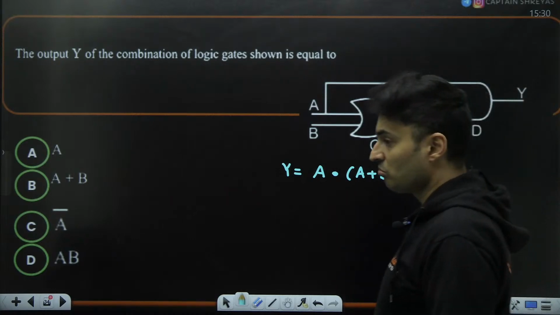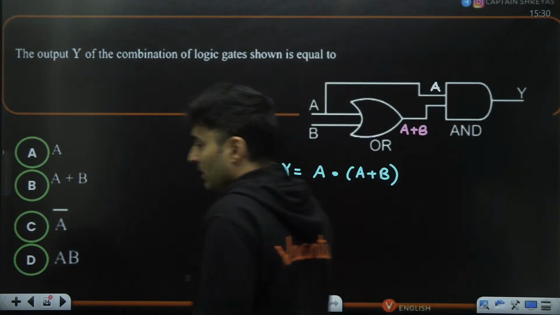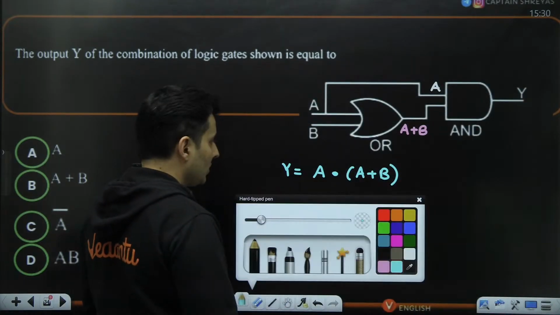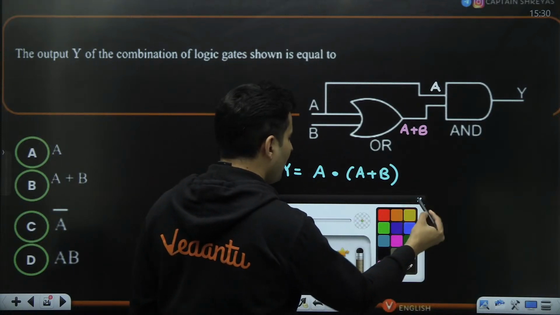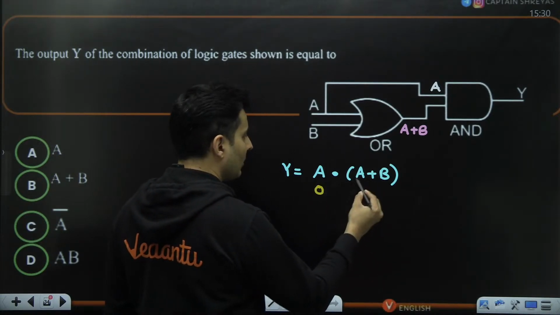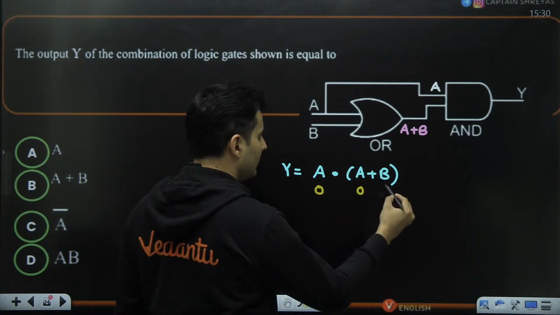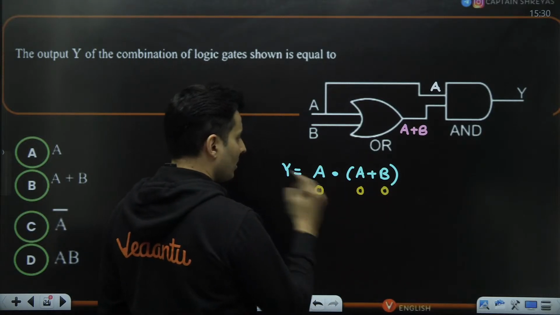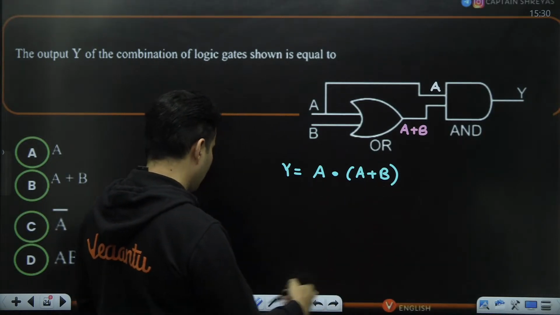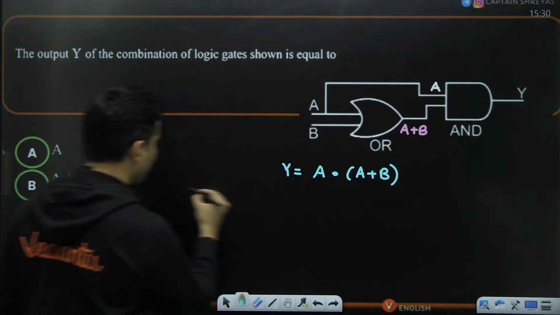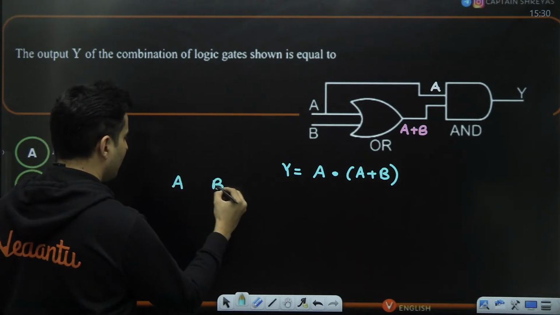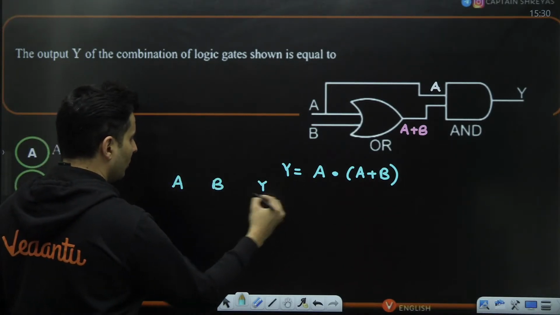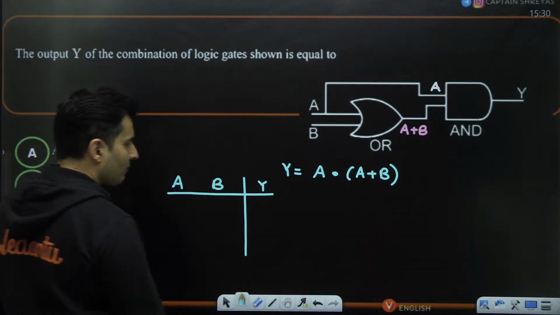Okay, so we can take a truth table and do it. Say, for example, A and B, and what will be the output Y?